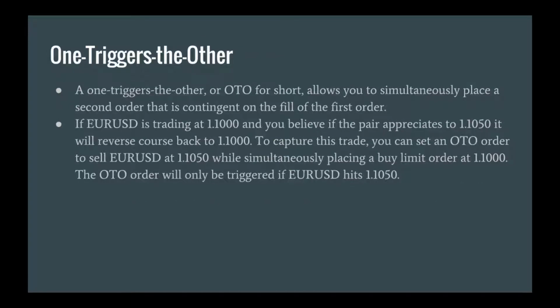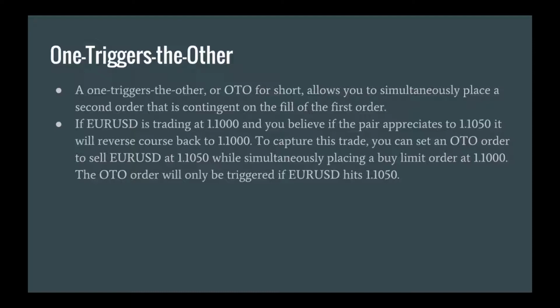And then the next order I wanted to discuss is a one triggers the other, or OTO for short, also known as an if-then order, which allows you to simultaneously place a second order that is contingent on the fill of the first order. An OTO order is useful if you will be away from your computer.